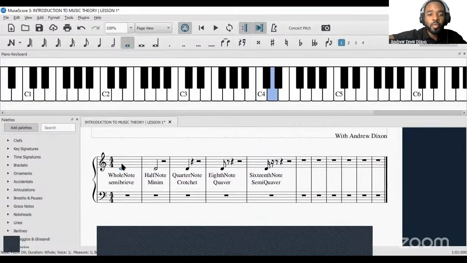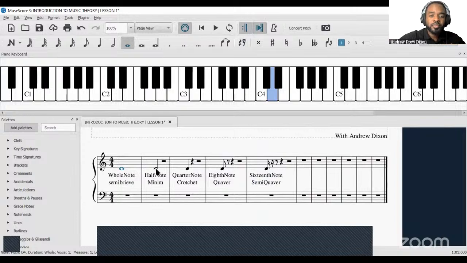Okay? Now, because the whole note by itself values 4 counts, so you will keep this note down and you would count to 4. 1, 2, 3, 4. If you were singing, you would go ah, ah. That would be a long sound for 4 counts.